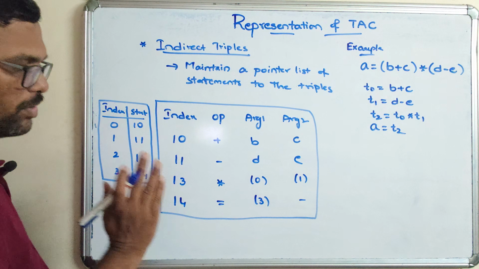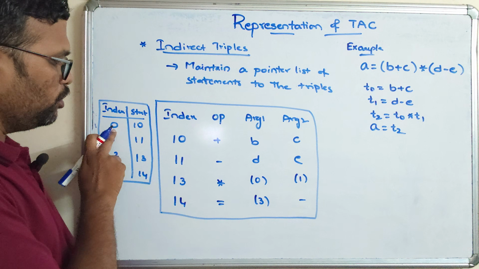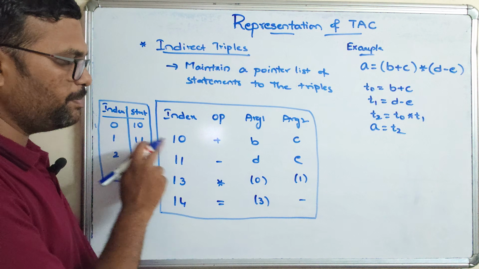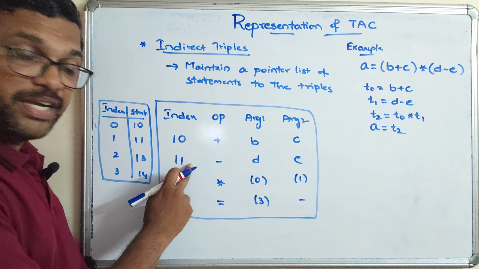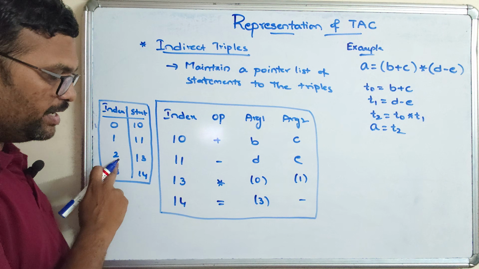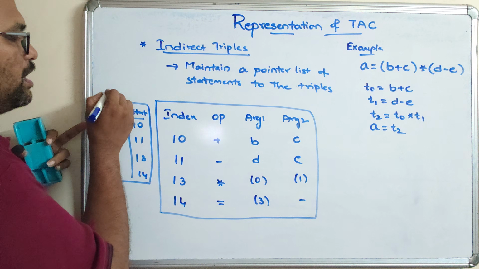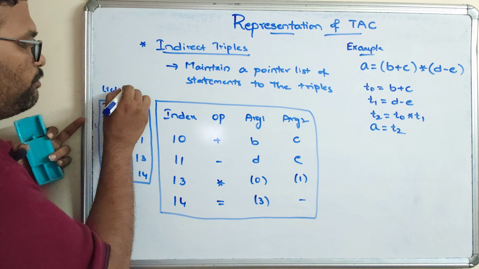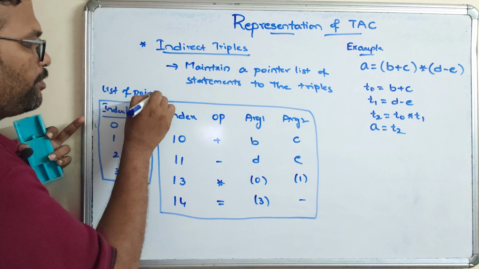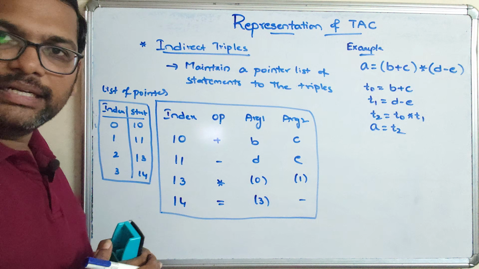Other than the triples, one more variable will be there. See, so 0th index, the first 10. So first statement is at 0th index. Second statement is at first index. Third statement is at second index. Fourth statement is at third index. So this particular list of pointers will be additional along with the triples concept.